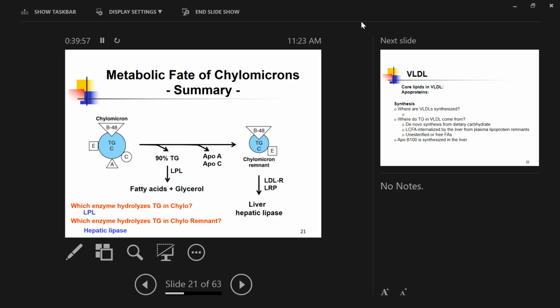How much percentage? 85 or 95, right? So it's really a lot. Okay. And so what are the apoproteins that are present in the chylomicron remnant?